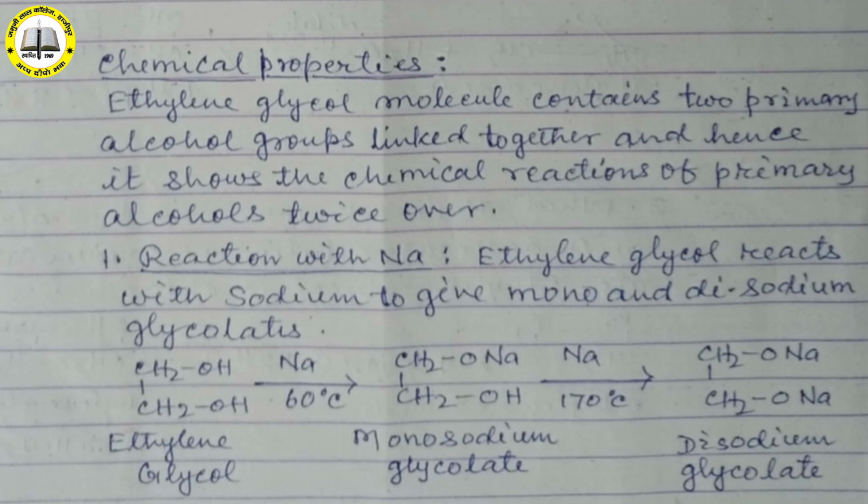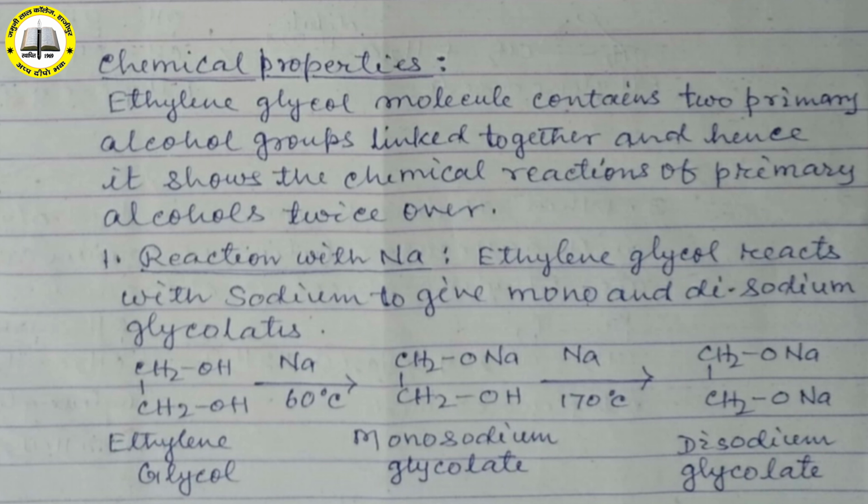Hydrogen of the OH group is replaced, and at that place sodium is substituted, and this sodium monoglycolate reacts with another atom of sodium to give disodium glycolate at 170 degrees Celsius.